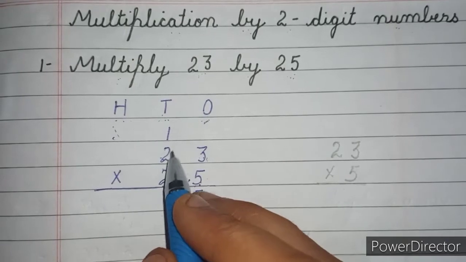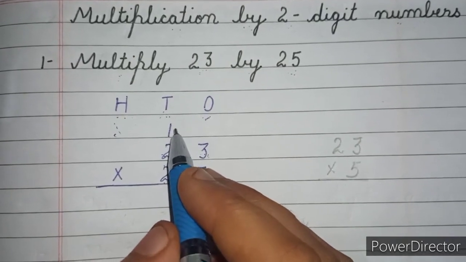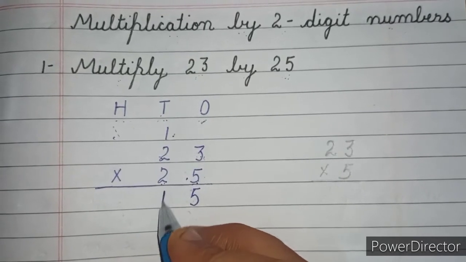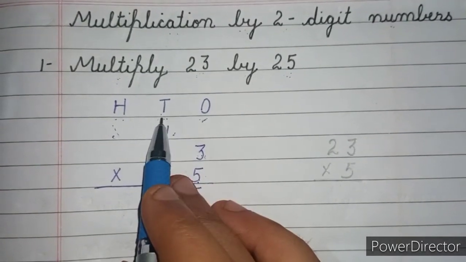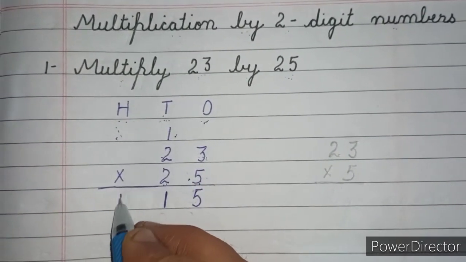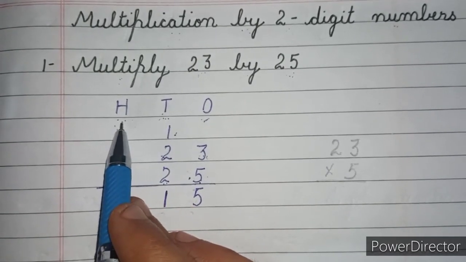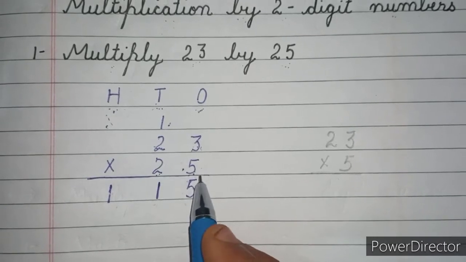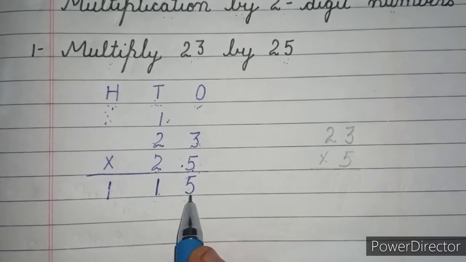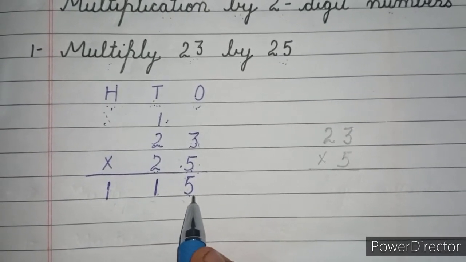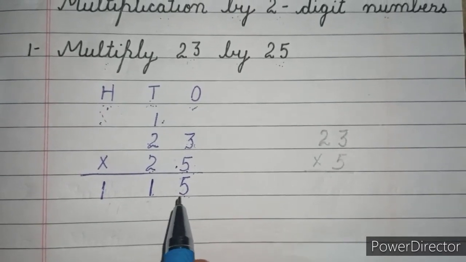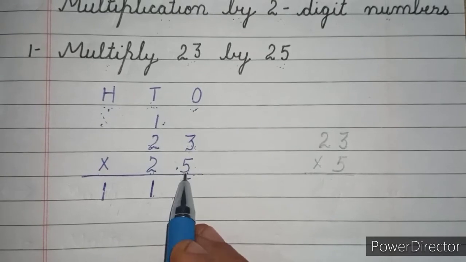Here 1 carry, so 10 plus 1 is 11. Write 1 under the tens column and this 1 under the hundreds column. So 23 multiplied by 5 is 115. This is the product of 23 by 5.